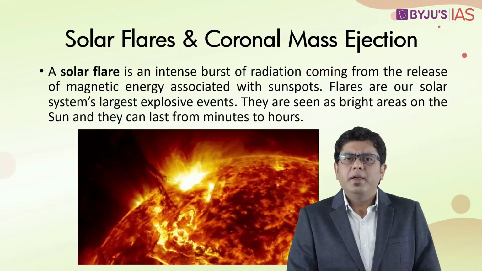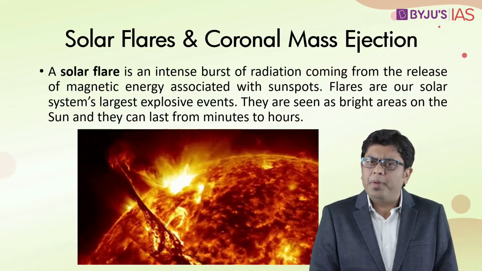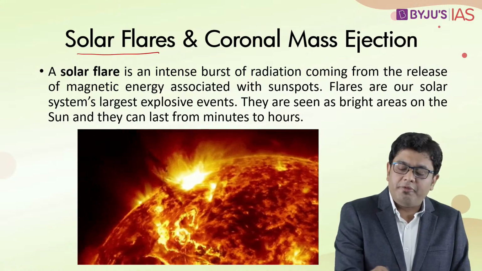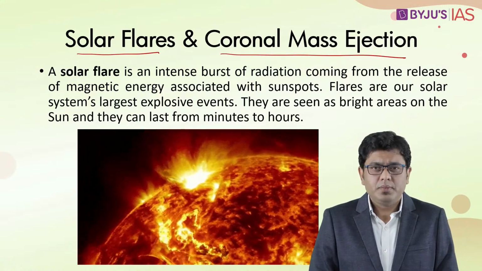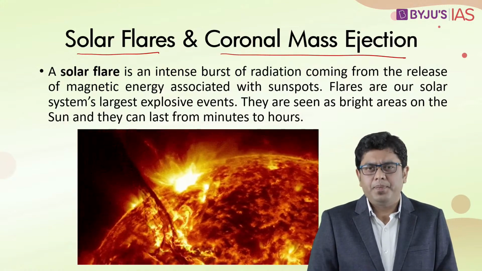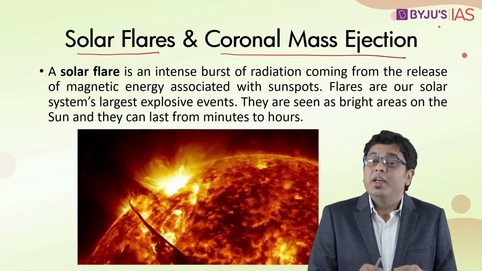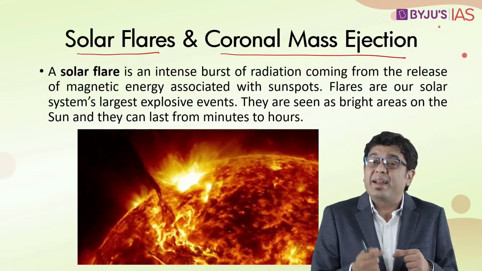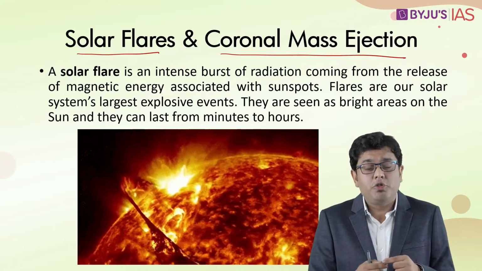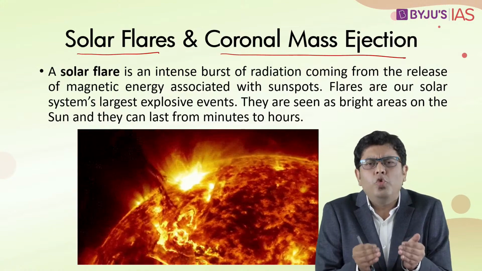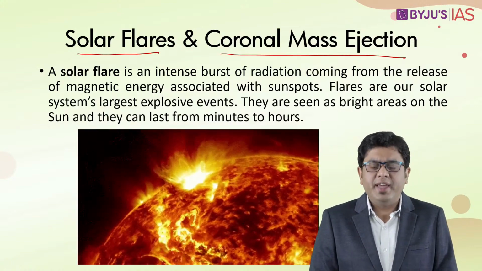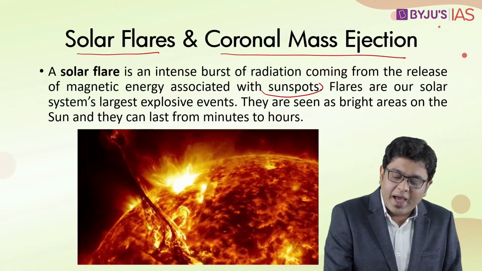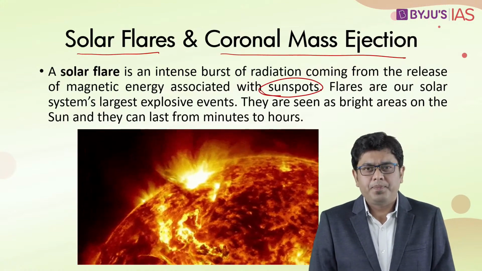So that is where we come across phenomena such as solar flares and coronal mass ejections. Now, what is a solar flare? We saw how in certain parts the magnetic field becomes very, very strong and those regions become cooler. Such cooler regions on the surface of the sun are referred to as sunspots.